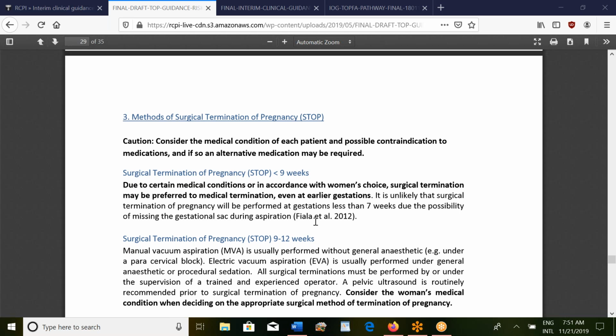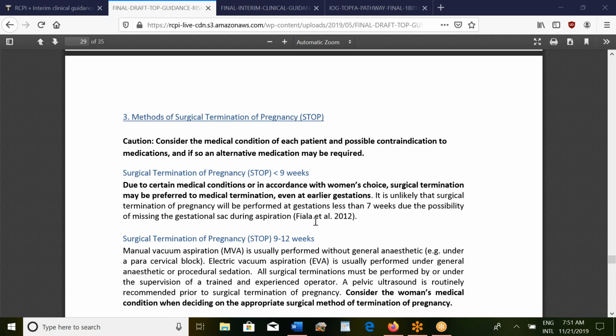So regarding surgical methods of termination, do you think that you can offer this if the patient comes to you at an early stage? How can you offer surgical termination of pregnancy? The patients who deny medical termination, we can go ahead with surgical termination.